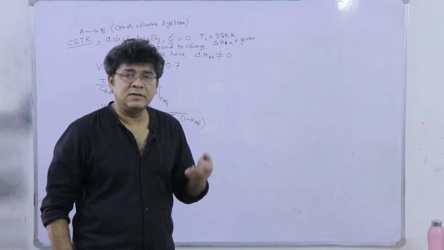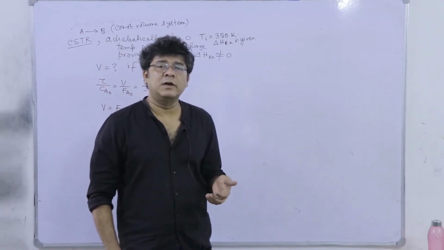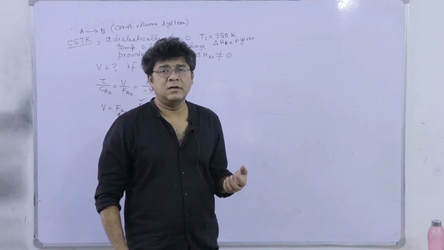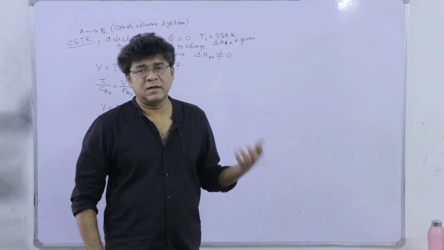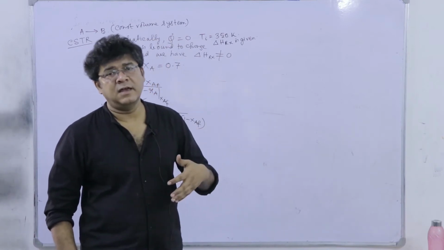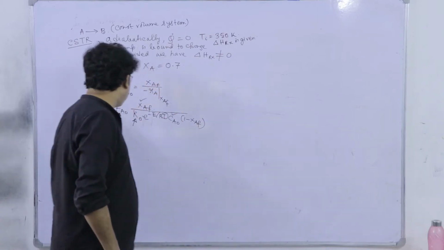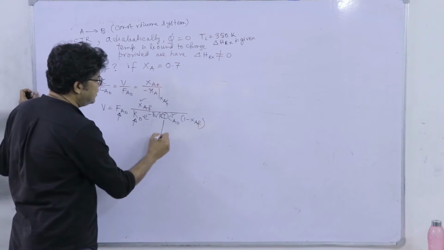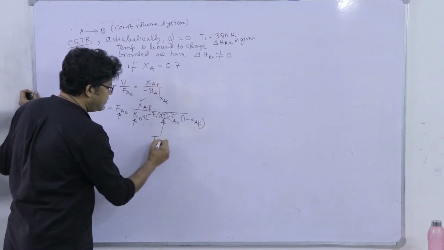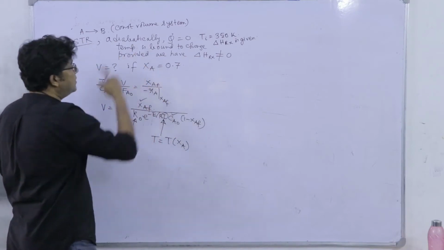The temperature with increased conversion will decrease, and we know that conversion is going to increase with time and with the progress of this reaction from Xa equal to 0 to XAF equal to 0.7. So, if I have to find the volume, we must know a functional form of how temperature is related to the conversion for this specific system.